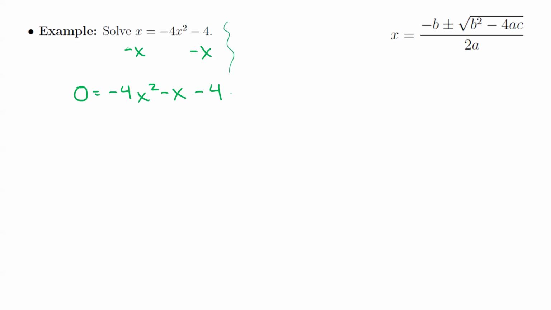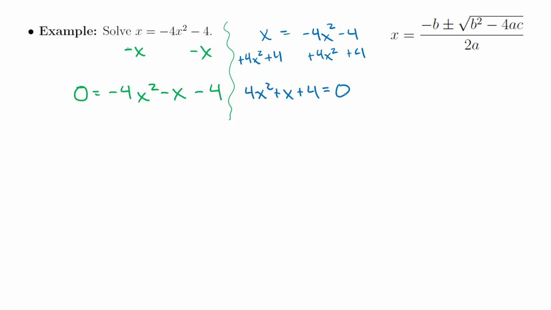So what may be a good idea here is, instead of moving everything to the right side, to move everything to the left side instead. Then everything gets to be positive. So I'd end up with 4x squared plus x plus 4 is equal to 0. I think I like the look of that better.